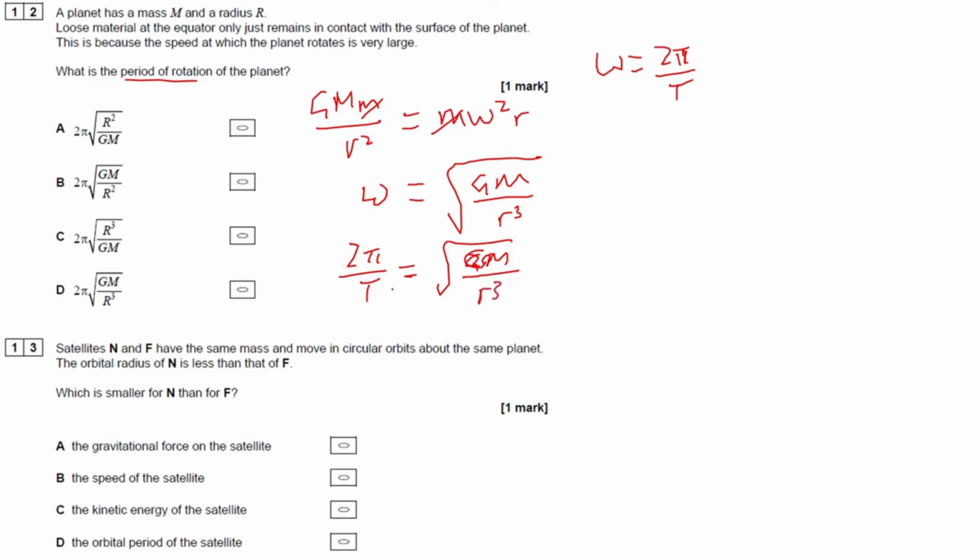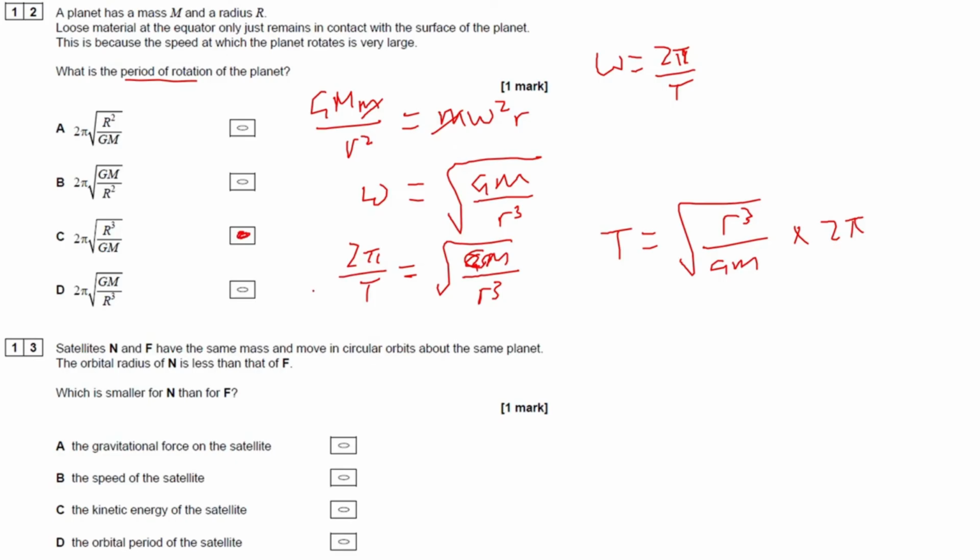I just need to rearrange this now to get T equals. Quick way to do it, just flip both sides here and multiply by 2 pi. I get T equals 2 pi times the square root of r cubed over GM. And the one that matches with that is C.